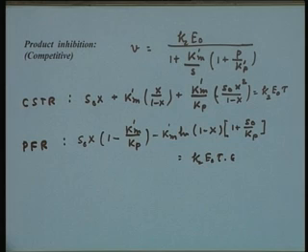So again, in the case of product inhibition in the competitive mode, the PFR will be more superior. As I mentioned, even in the case of an uninhibited reaction, the relative performance of PFR improves as the fractional conversion increases, but in reactions that undergo product inhibition the advantage becomes even greater.